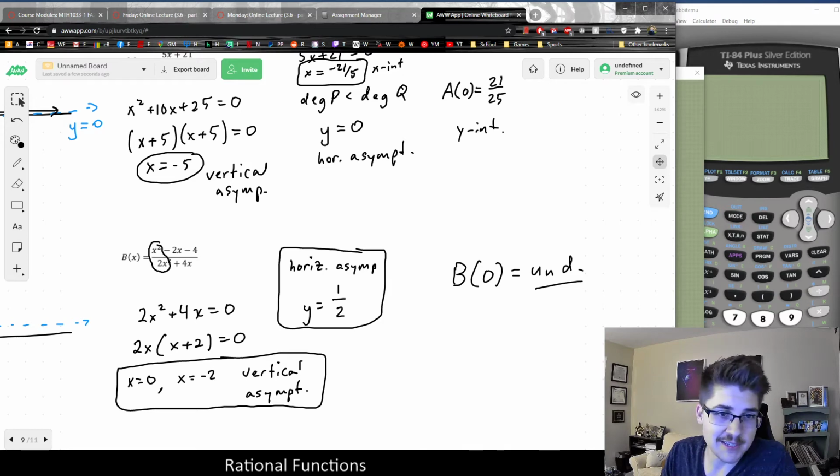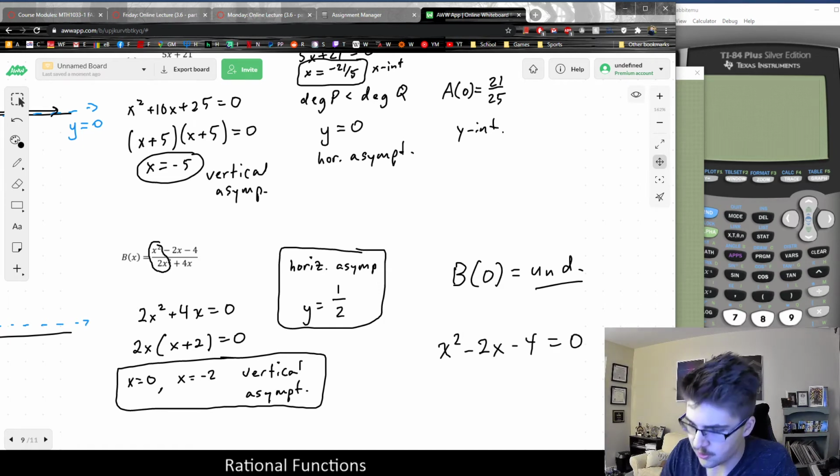And of course you can't divide by 0, which you would get if you plug in 0 down there. And if we're looking for the x-intercepts, that always comes from setting the numerator equal to 0. So if I take x squared minus 2x minus 4 and set that equal to 0, that should give me my x-intercepts. So again, this was the y-intercept, there is none, and this would be for finding the x-intercepts.